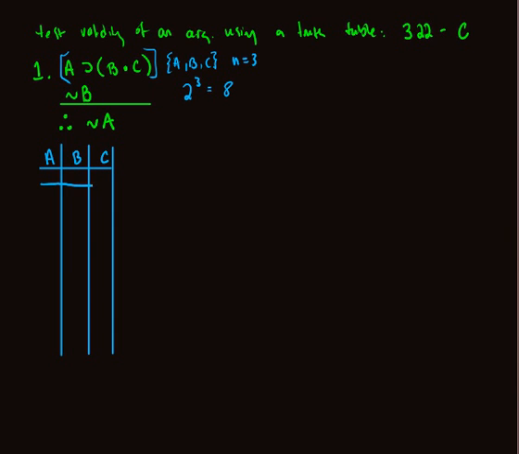So 1, 2, 3, 4, 5, 6, 7, and 8. Okay, so I'm just trying to keep it a little neat here for you so it's not like a complete train wreck with my handwriting.